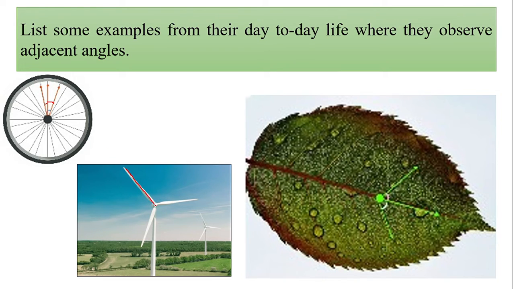Here in the windmill, we notice there are three angles and they have a common vertex. So we have two pairs of angles here also. Now here in the leaf, we notice two pairs of angles are also there, which are marked. So that way we can find adjacent angles in real life situations.